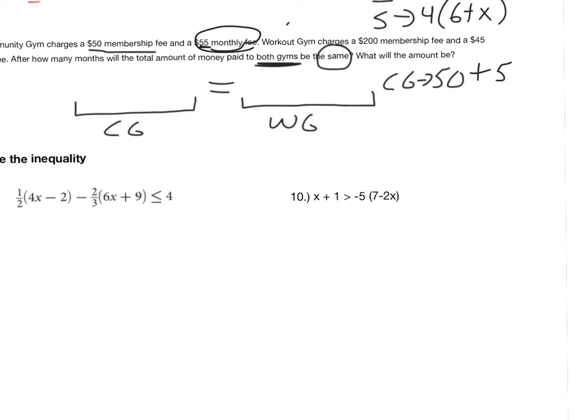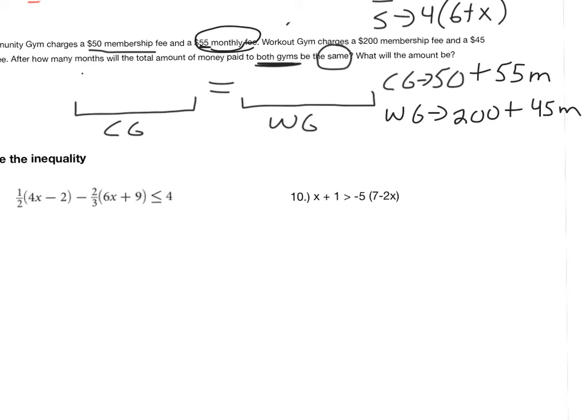So $55 per month. We're multiplying it by the amount of months that we go to that gym. What do we know about workout gym? Workout gym charges a flat fee of $200 and then an additional $45 monthly fee. So that's $45 per month, right? So that's 45M. With me so far? So now we just plug this in.